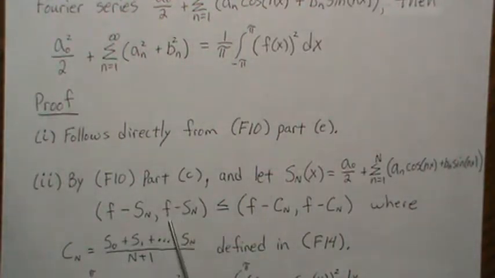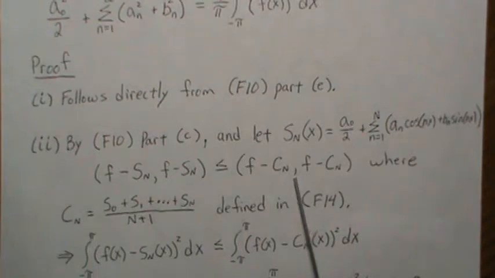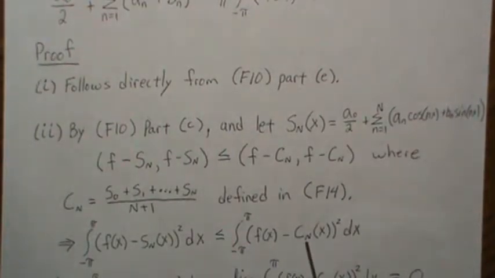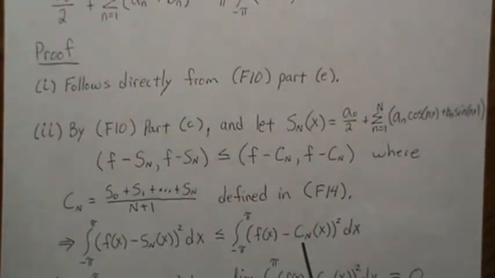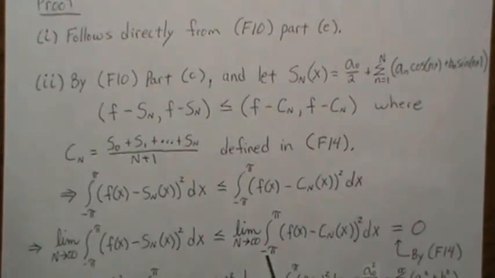Then, since the squared distance is the inner product, this means this. So we integrate from negative pi to pi of this function, which is this, squared. It's less than or equal to, we integrate this squared. Well, if we take the limit on both sides and let n go to infinity, we get this.